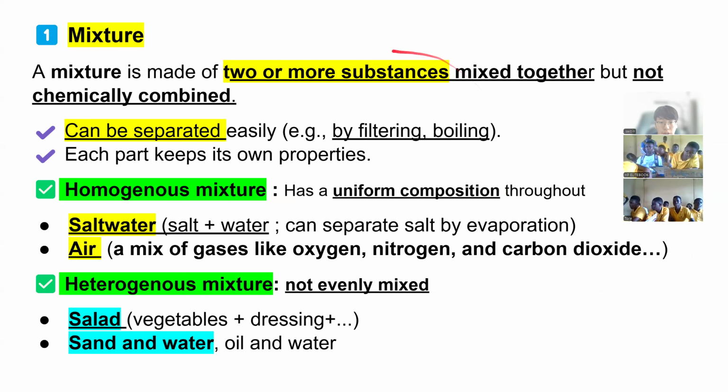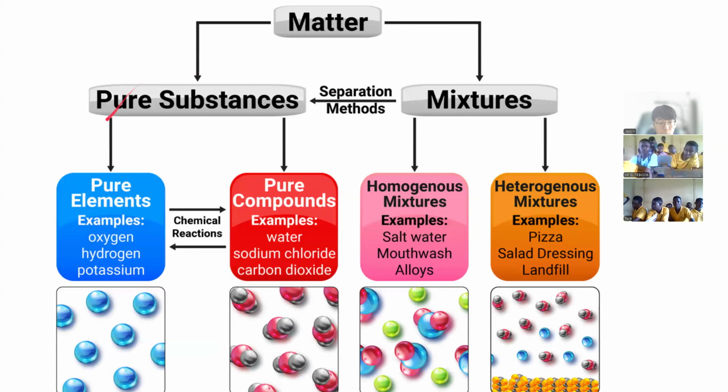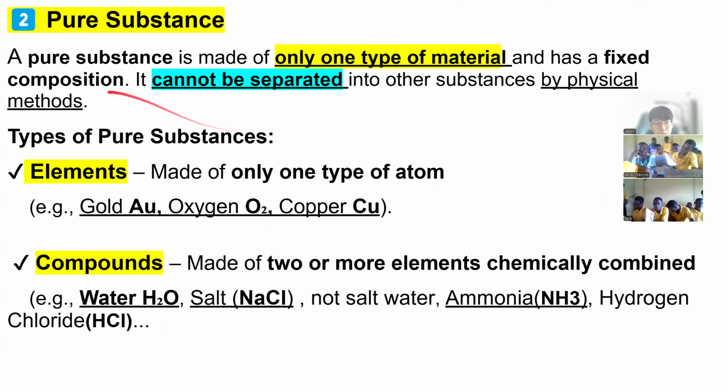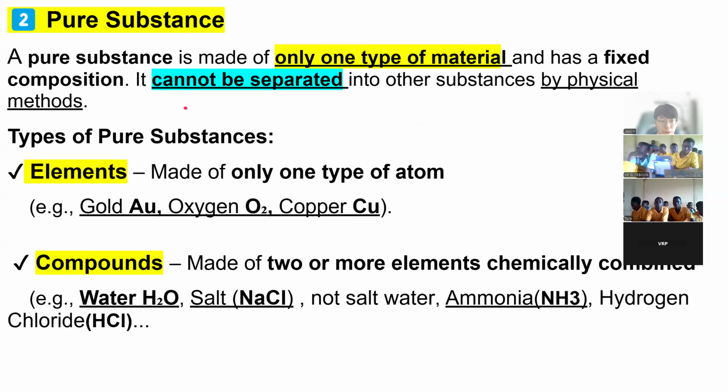Now, we also saw that matter can also be pure substances. What this means is pure substances are made of only one type of material and have a fixed composition. So they cannot be separated into other substances by physical methods.